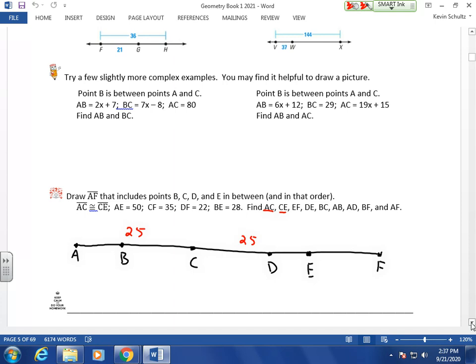All right. CF is 35. What information can I glean from that? We know that CE is 25. You're being told that CF is 35.